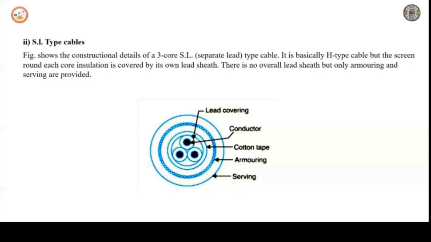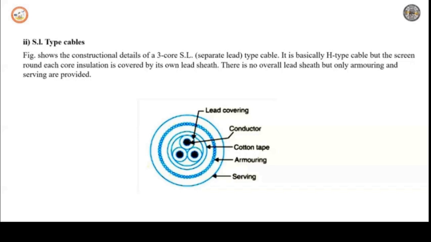Next one, the dielectric which gets subjected to electrical stresses is paper, which is homogeneous. Hence, there is no possibility of formation of voids. Next one, the metal sheath increases the heat dissipation, which increases the current carrying capacity.